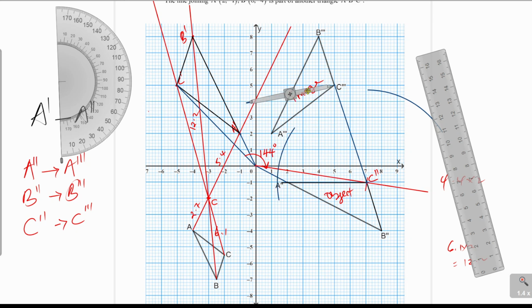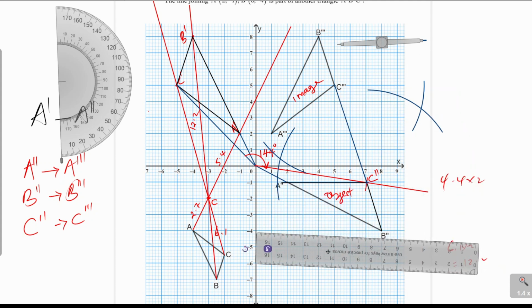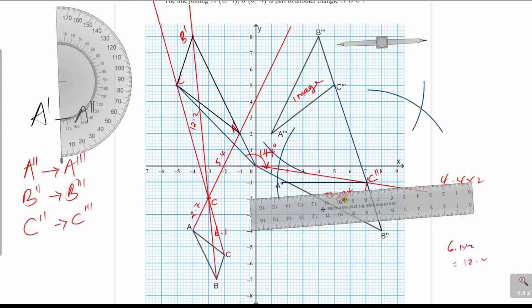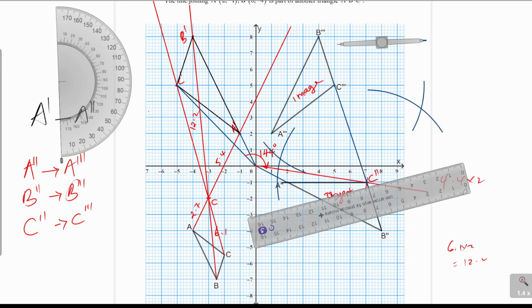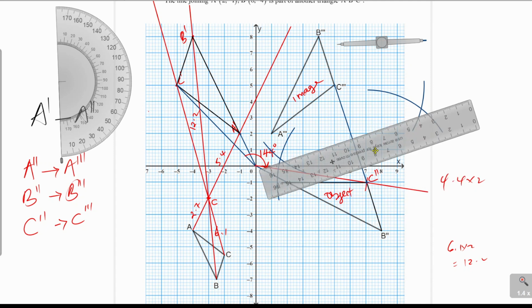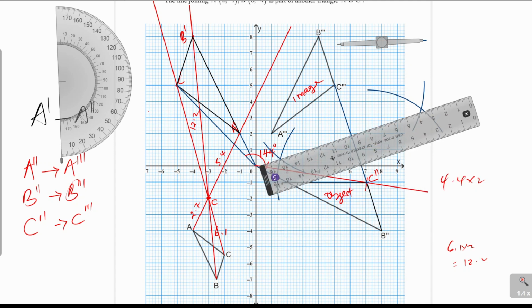Stand on the other point, C triple prime, and then cut this arc, and then cut the other arc, like that. Then from there, simply join the point of intersection of the arcs.